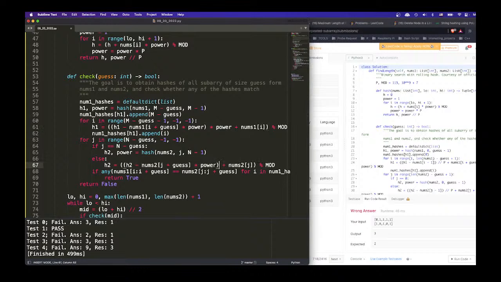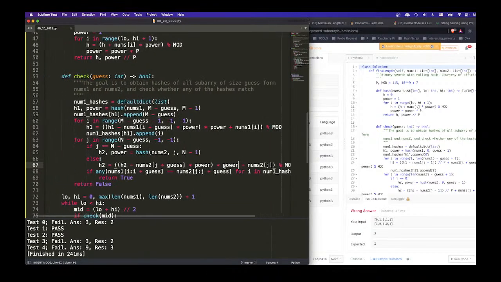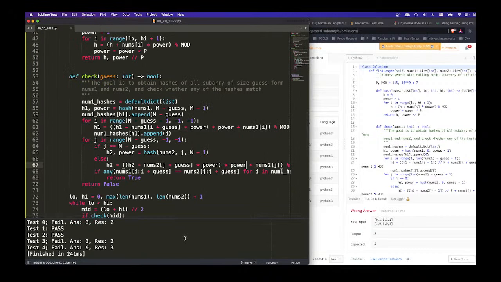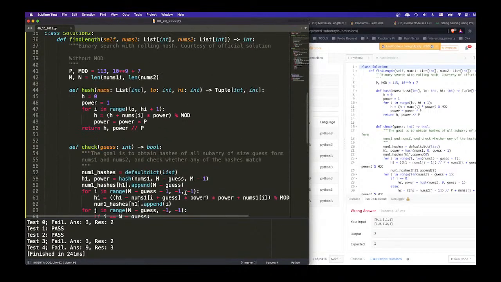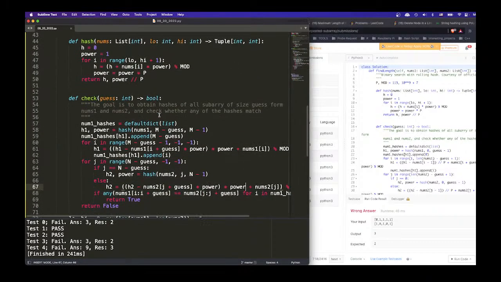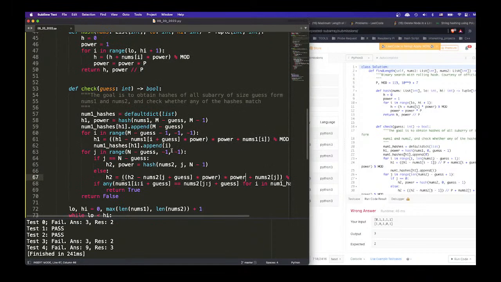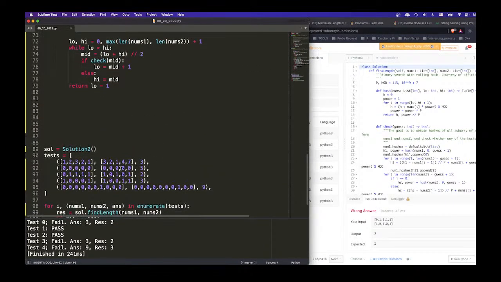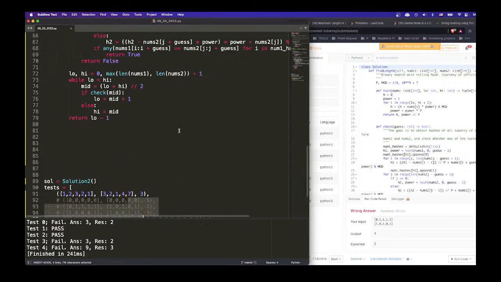But still not right. Why? This is still right, no matter what. Hold on.